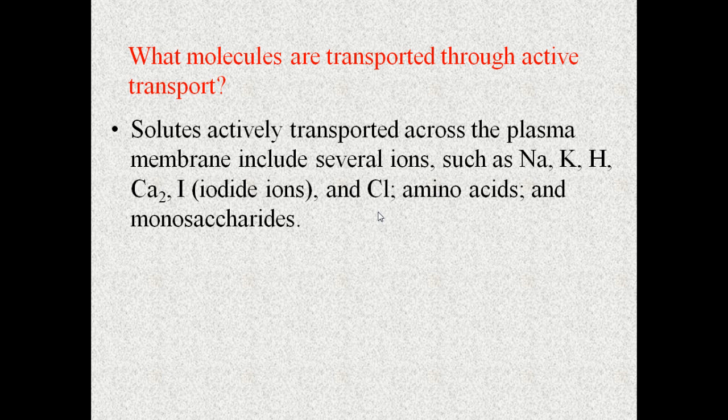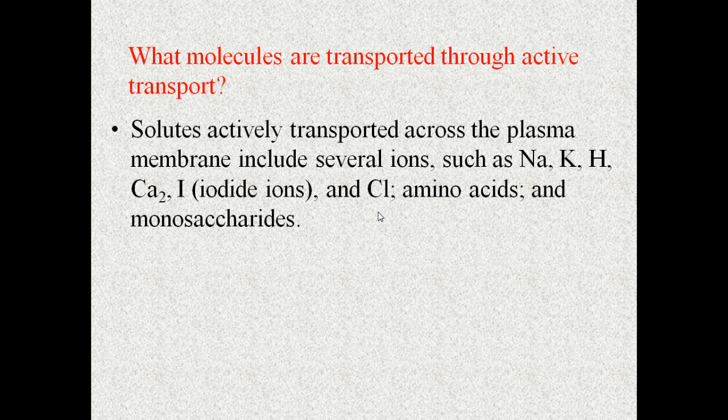directions. Not only ions, some amino acids and monosaccharides can also be transported. This is very important. The transport of amino acids and glucose is done only by active transport. You would have studied during digestion how glucose molecules and amino acids are absorbed into the bloodstream and transported. This involves mainly active transport, mainly antiporters.